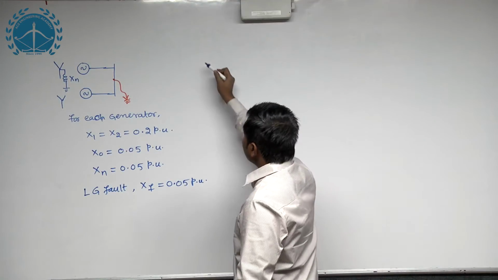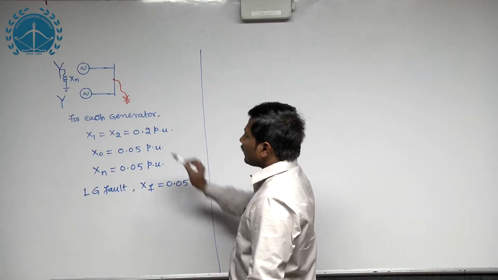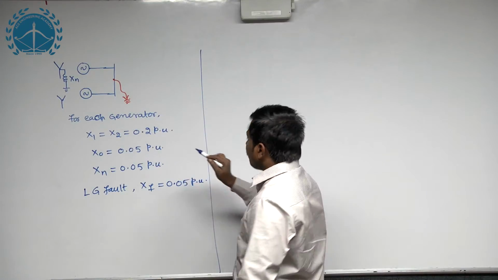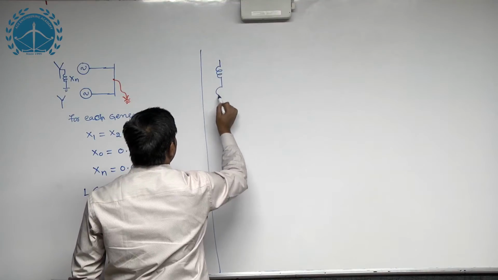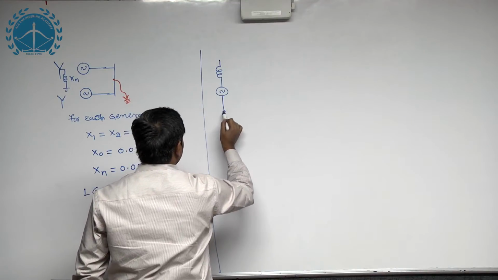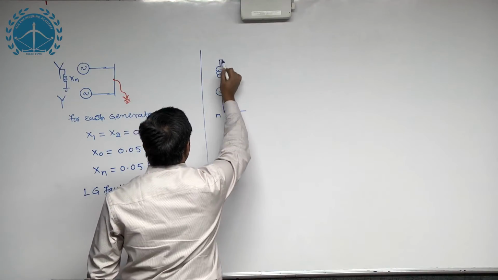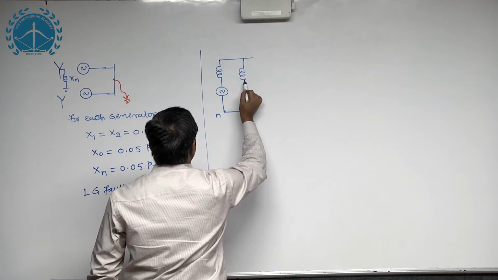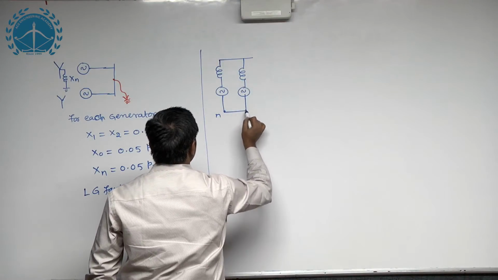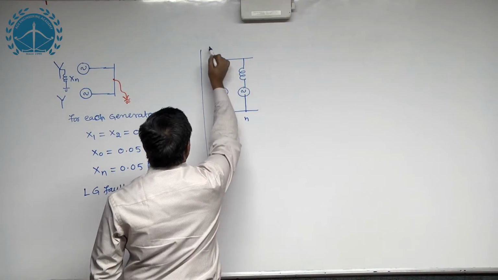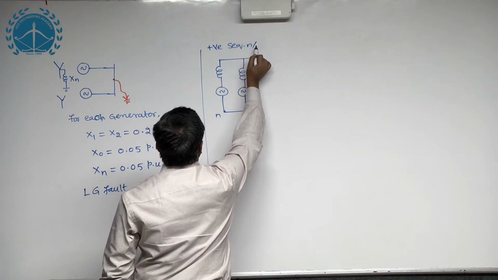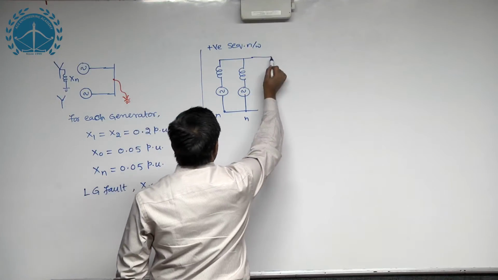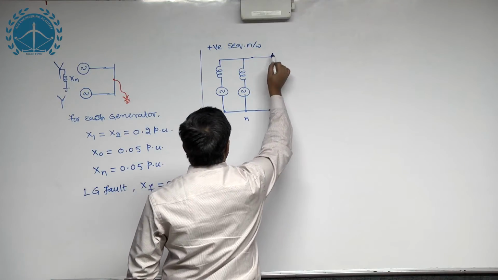For example, if you check the positive sequence network of this system, it will look this way. This is the positive sequence network up to neutral for the first generator, and the positive sequence network up to neutral for the second generator. This is the location of the fault.